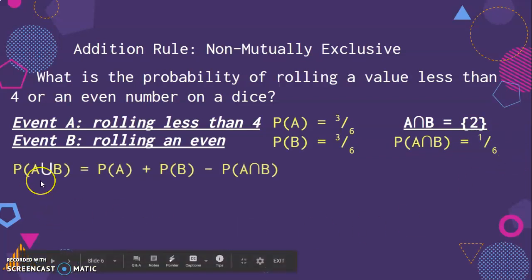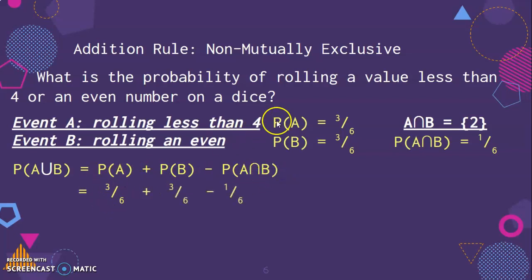Now I'll have my non-mutually exclusive addition rule formula where A or B is the probability I'm looking for. That is equal to the probability of A plus the probability of B minus the probability of both A and B. Fill in the numbers. I got 3/6 from these two right here minus 1/6 over here.